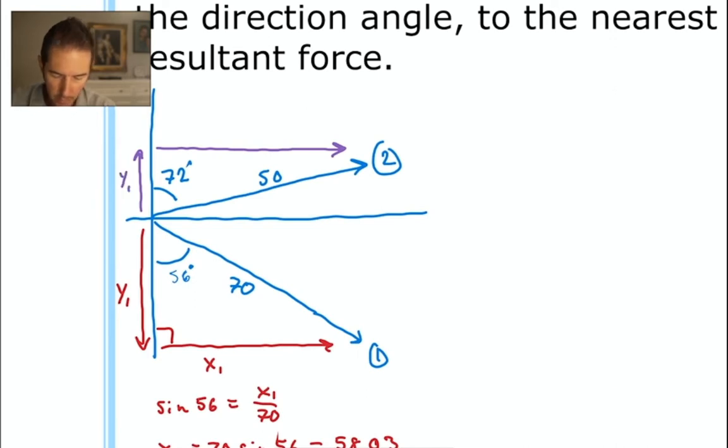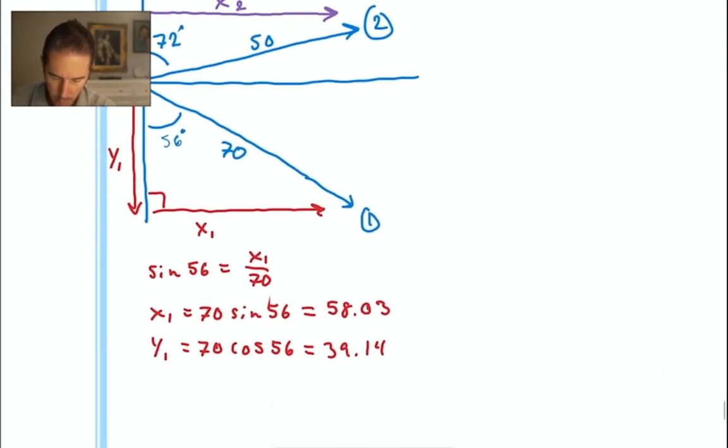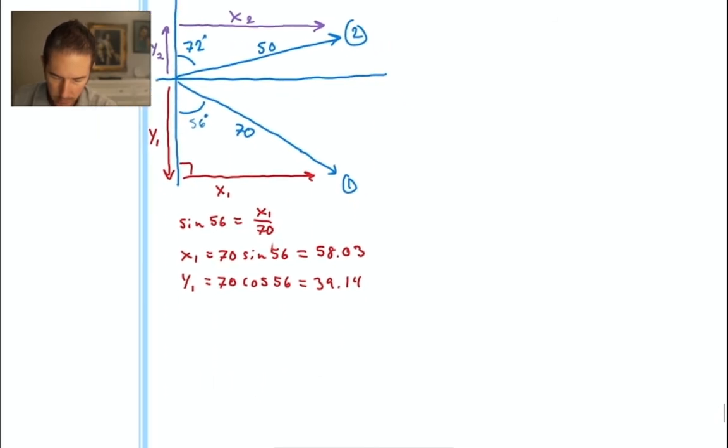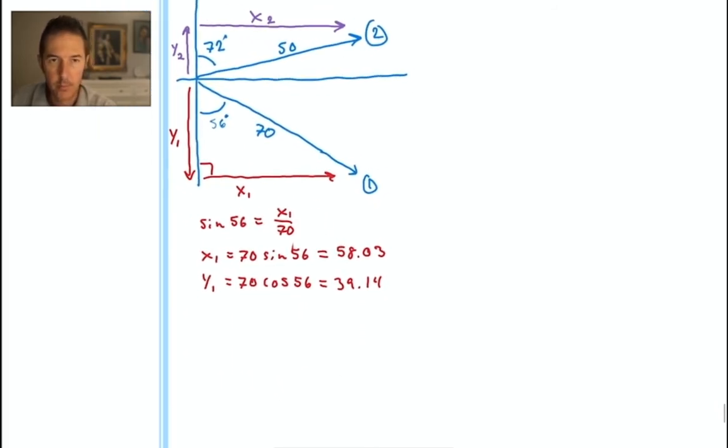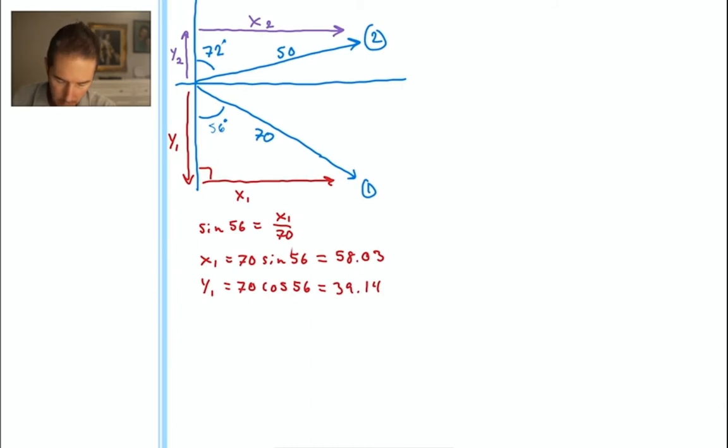For now, let's call this other upward vector y2. And horizontally, we have x2. And x2 is equal to 50 times the sine of that angle measure, which is 72.